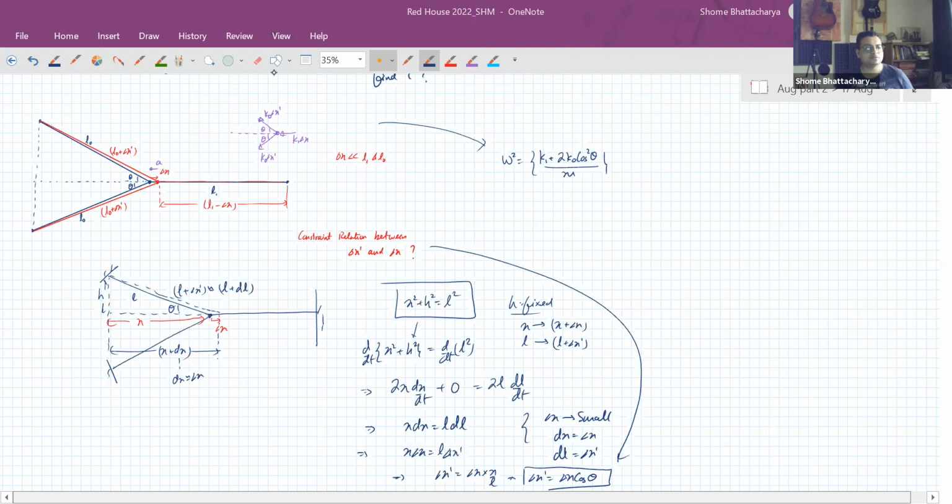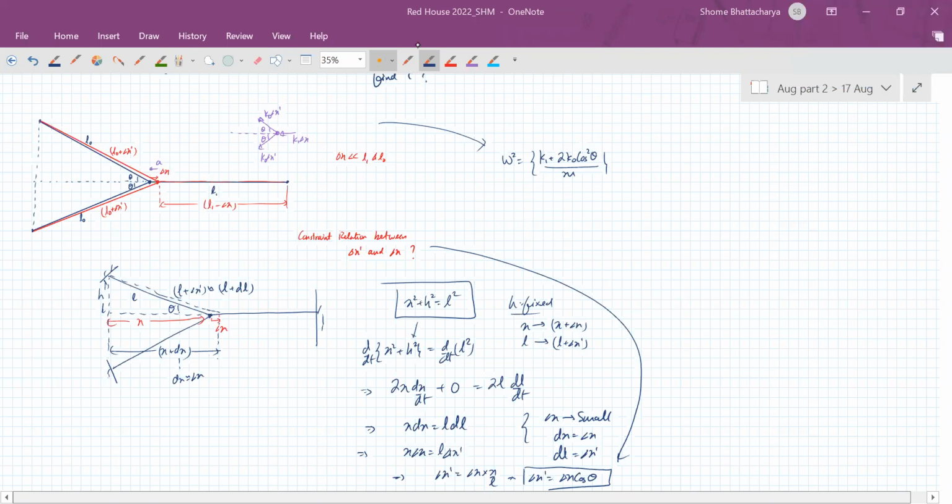Vector addition you have to do anyway, but you have to understand that just before the vector addition, delta x prime is not the same as delta x. That's why there's a factor of cos square theta, not just cos theta. One cos theta comes from the component part in the vector addition, but the other comes from the fact that delta x prime is not equal to delta x. It is a component of delta x. It is delta x cos theta.